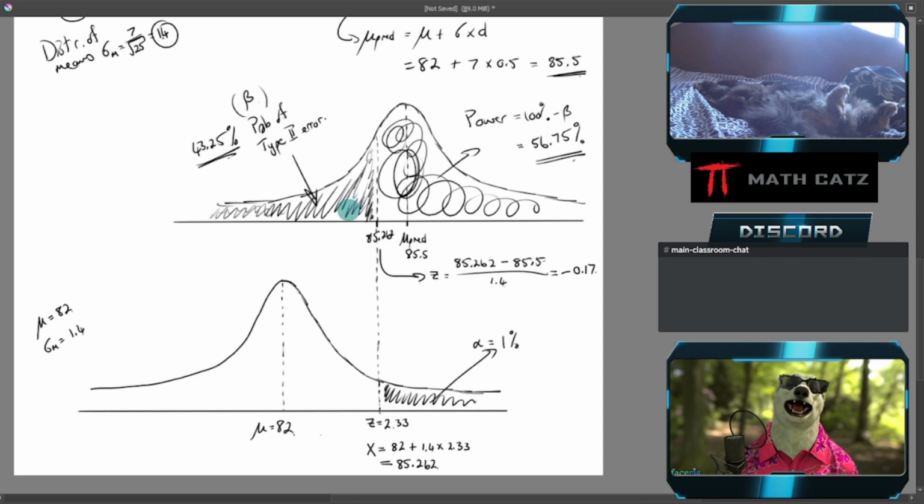So a larger effect corresponds to larger power. It is stronger evidence, and that has a smaller type 2 error probability. All right, so a lot to think about here, but that is what it looks like for a typical power example.